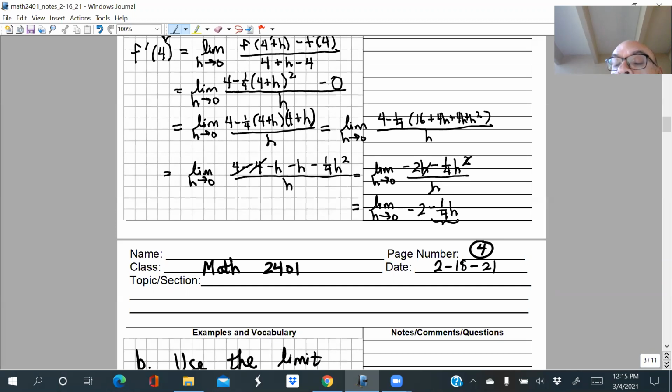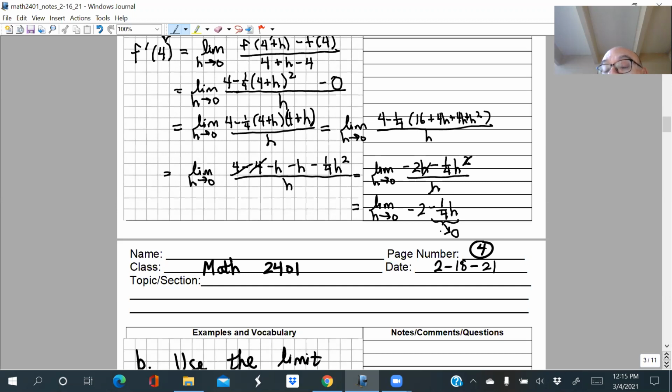As h gets really close to 0, h is 0.1, 0.01, 0.0001, etc. Then minus 1/4 times h is going to go to what? Eventually, it's going to become very close to what? Near 0, correct. As h gets really small, minus 1/4 times h is going to get really small as well.